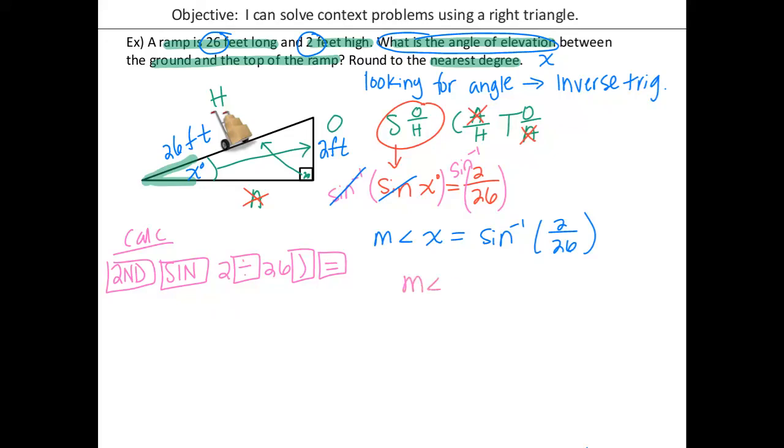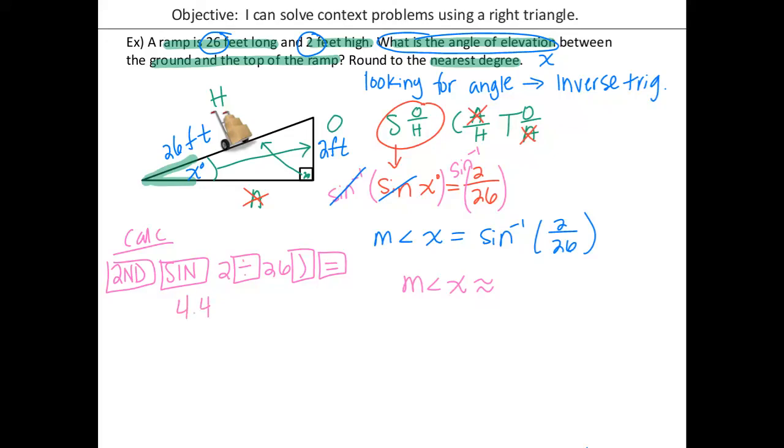So measure angle x is going to be approximately. All right, go ahead and share with your partner. What did you get on the calculator? All right, what did you guys get for the calculator answer?